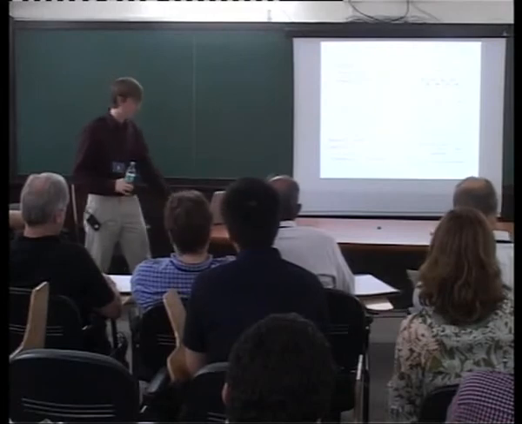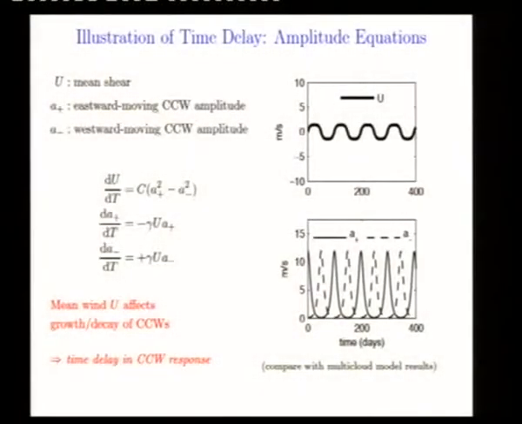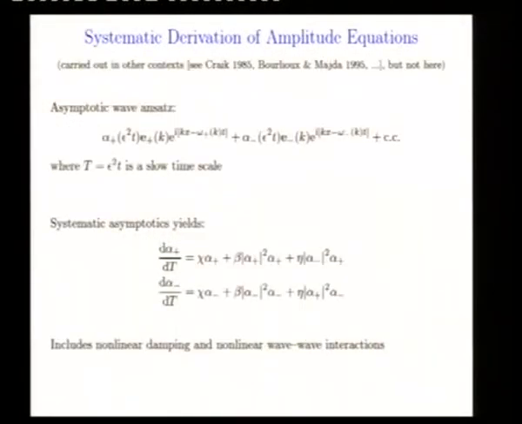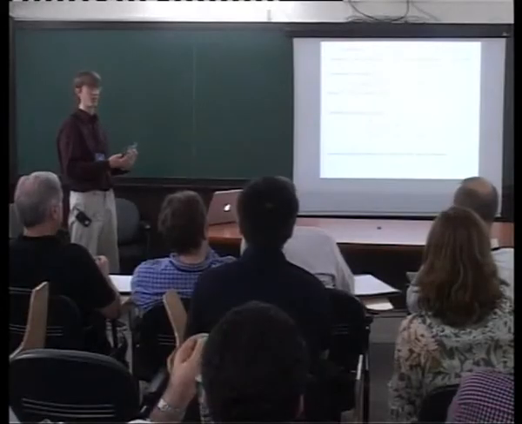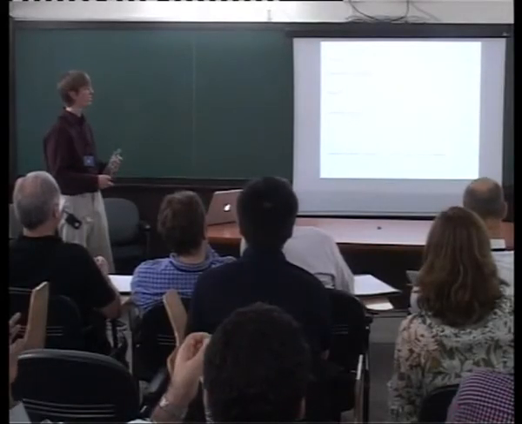There's more motivation for it than just coming up with a simple model. You can derive models like this using systematic asymptotics, and this is carried out in other contexts. We did not actually carry out this type of asymptotics for this model because it has all sorts of nonlinear switches and things that would make it hard.